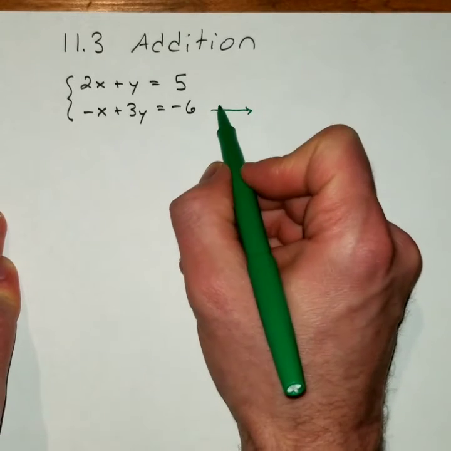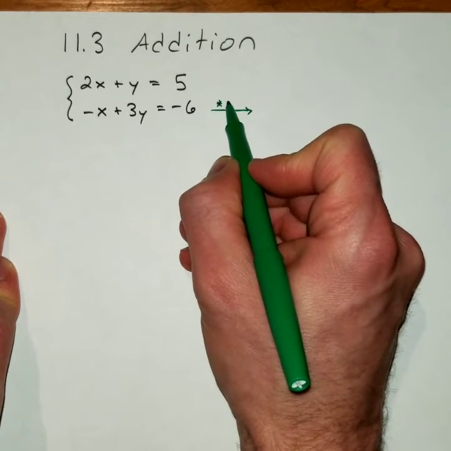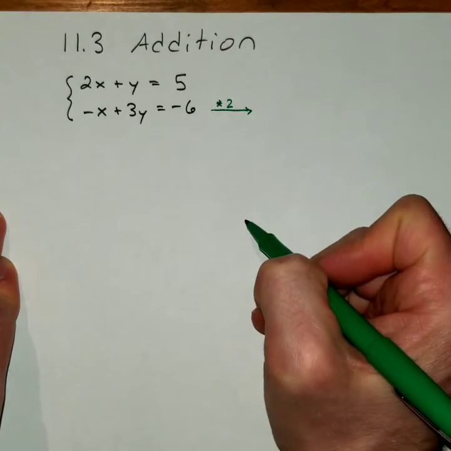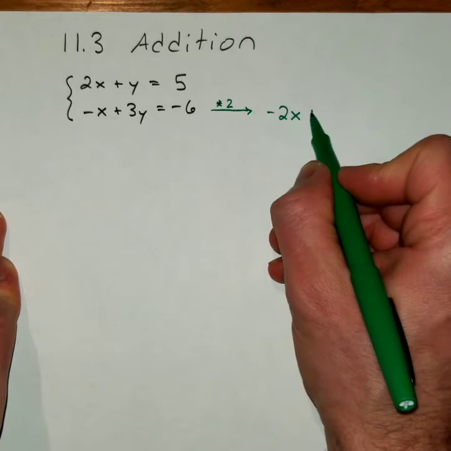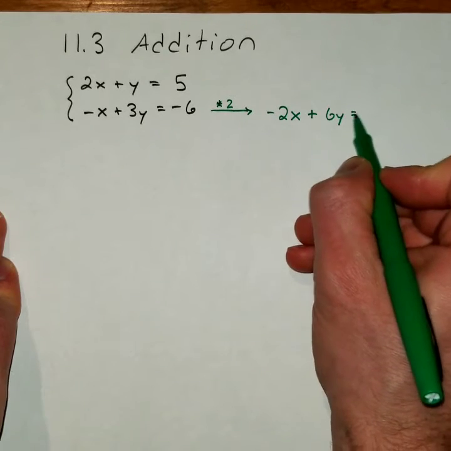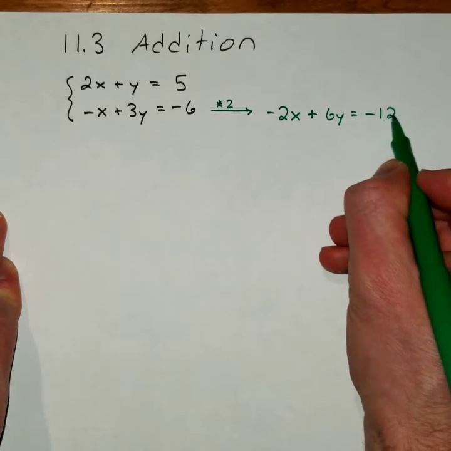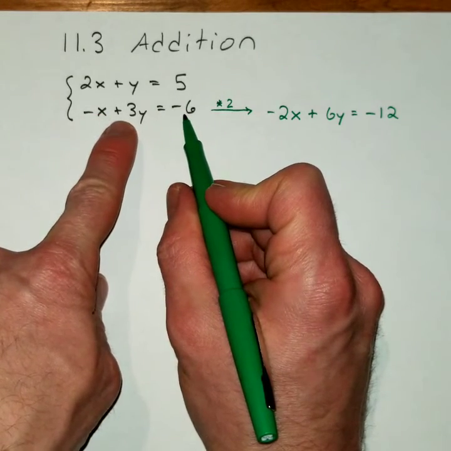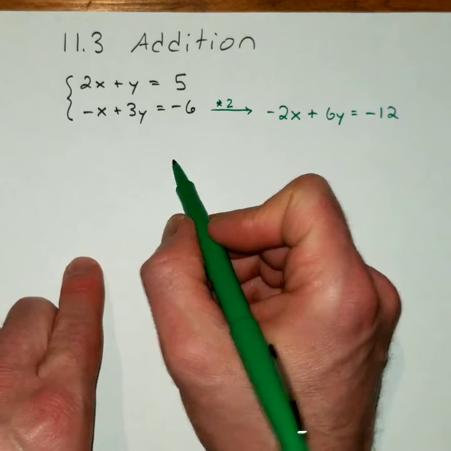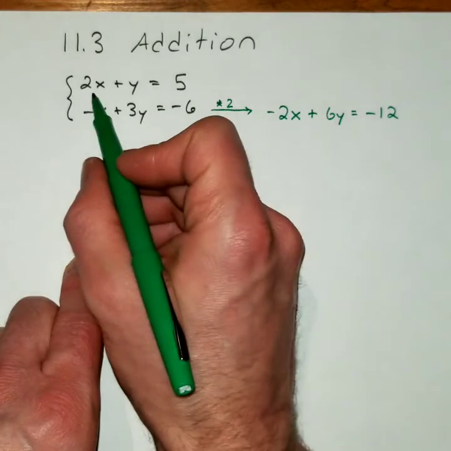I'm going to multiply it by 2, and that's going to give me a -2x plus 6y equals -12. And so all I did was multiply both sides of the equation by 2, which is a valid thing to do with equations.